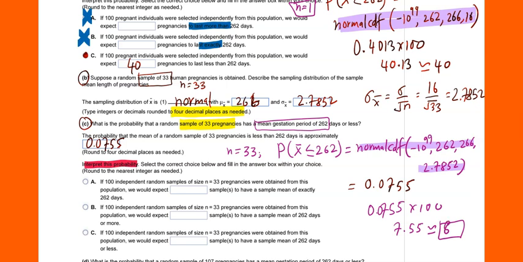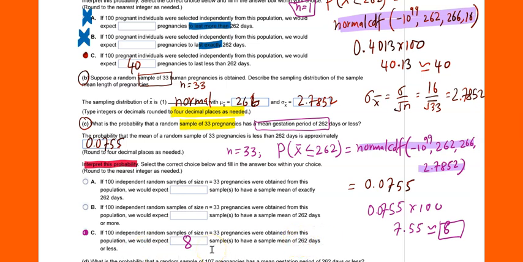What I'm saying is, in other words, how do you interpret that? Now interpret, this is choice C. If you read carefully, if 100 independent random samples of size 33 pregnancies were obtained from the population, we expect 8 samples to have a sample mean of 262 days or less.